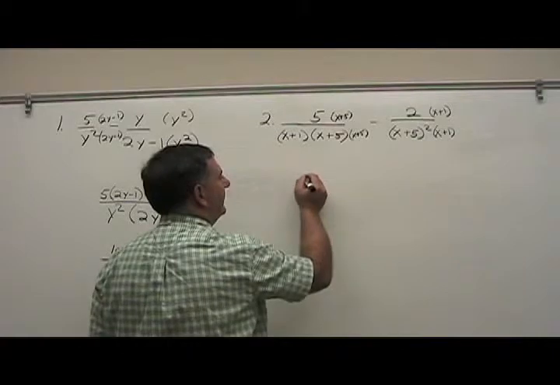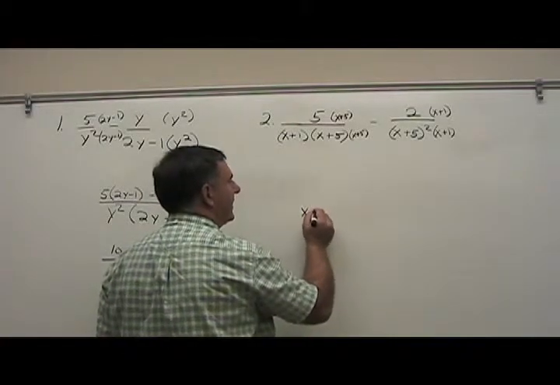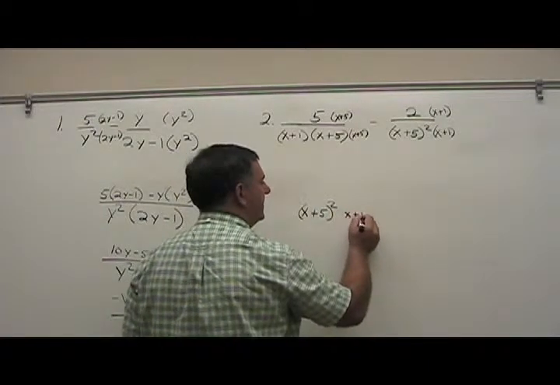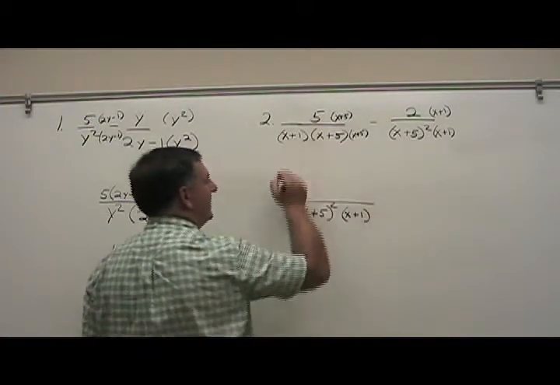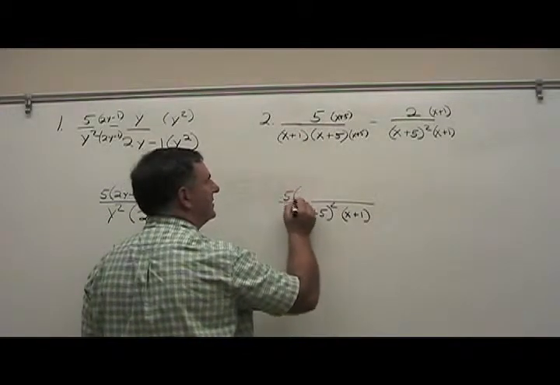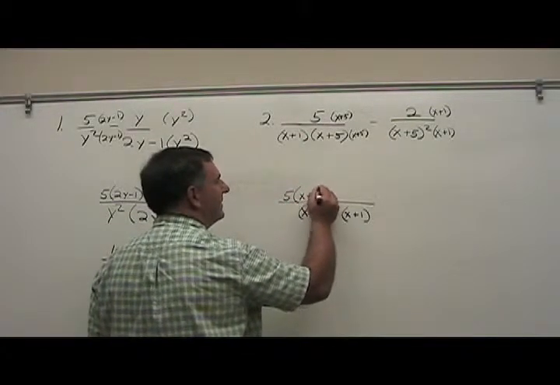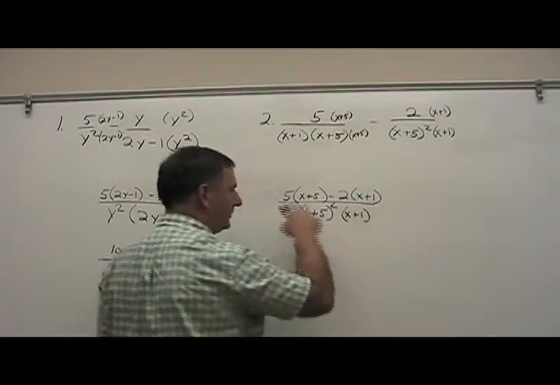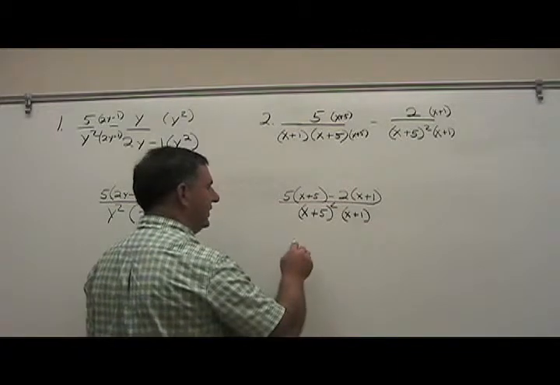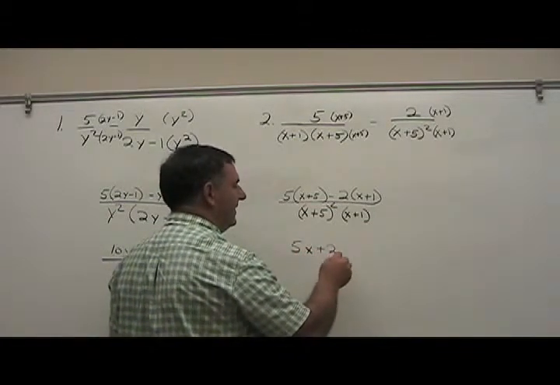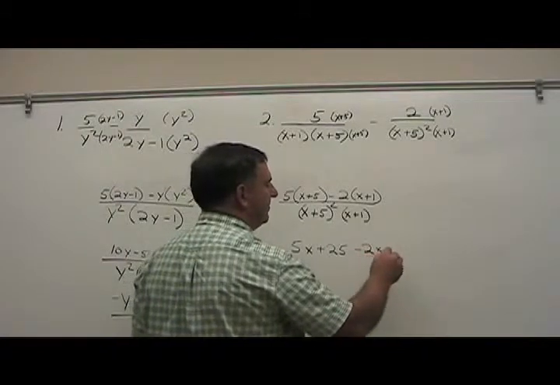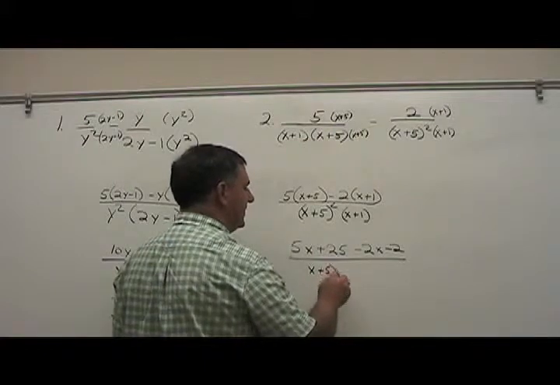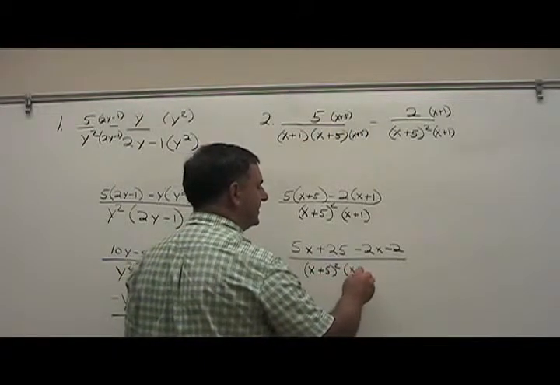So what we'll do now is have our common denominator of x plus 5, quantity squared, times x plus 1, divided into 5 times x plus 5 minus 2 times x plus 1. Multiply this out, we'll end up with 5x plus 25 minus 2x minus 2, divided by the common denominator, x plus 5, quantity squared, times x plus 1.